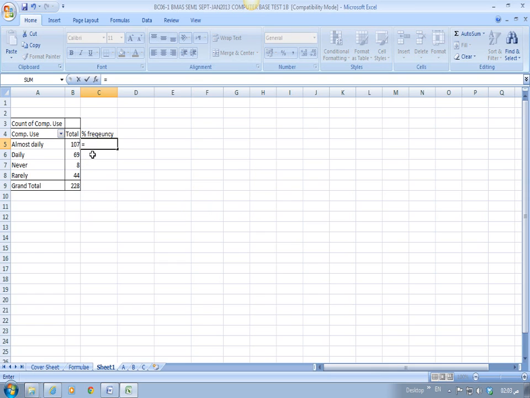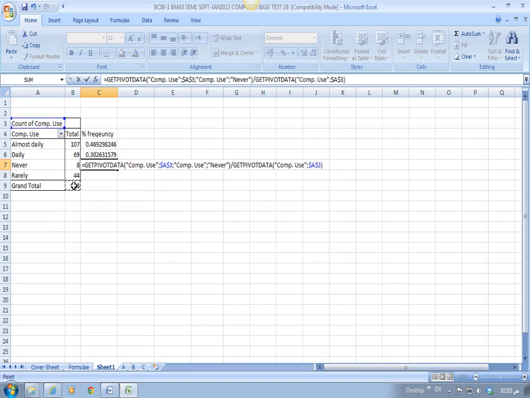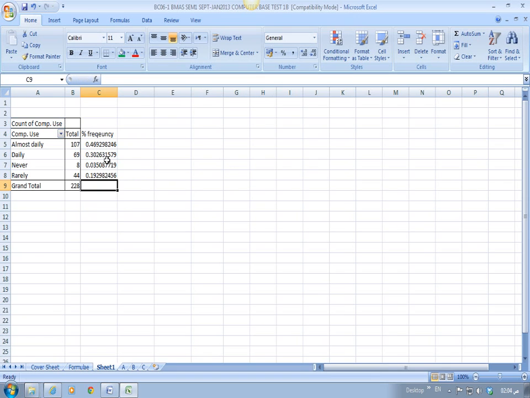So it is equal this one divided by this, and then press enter. The next one is equal this divided by the total, and then equal 44 divided by the total, and press enter. So here I calculate the percent frequency.